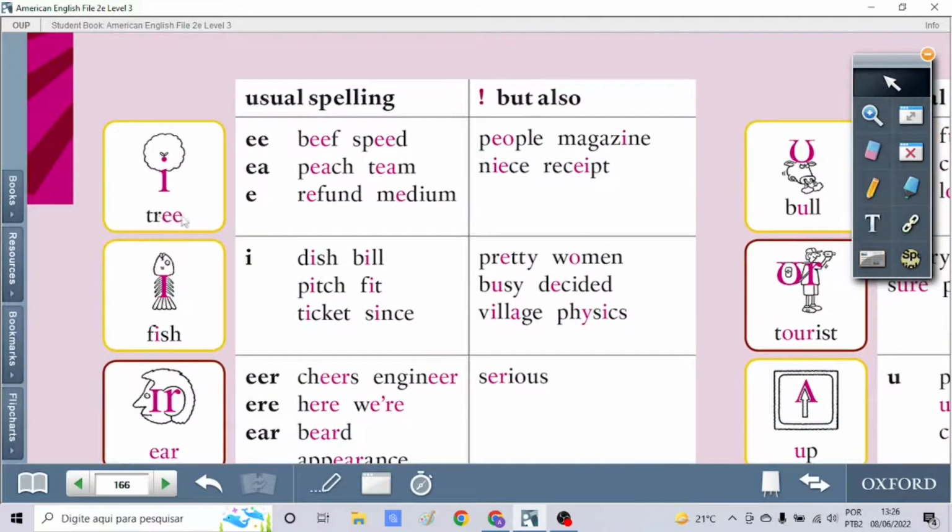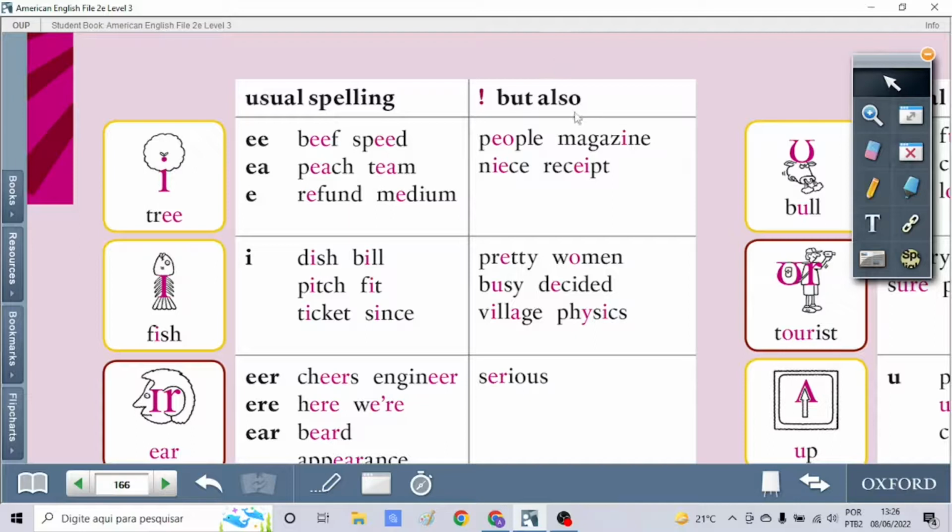Tree, E. You have the usual spelling sounds. So here, for example, double E, beef, speed, EA, peach, team, or just E, refund, medium. So these are the usual spelling.